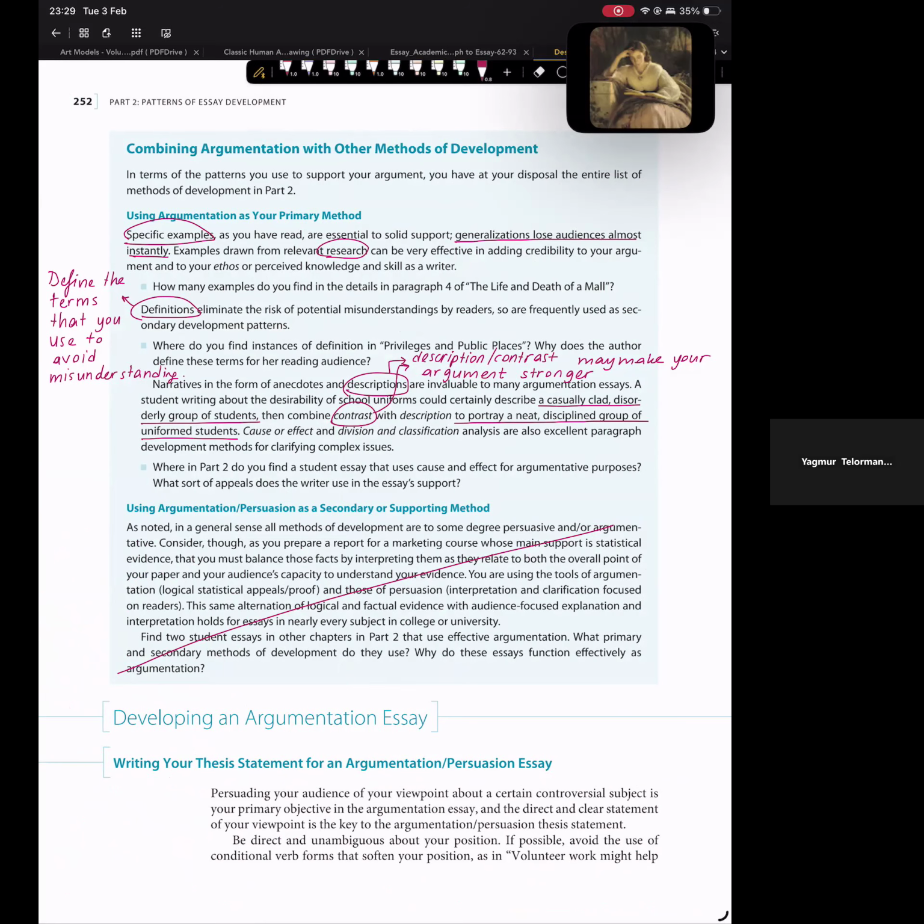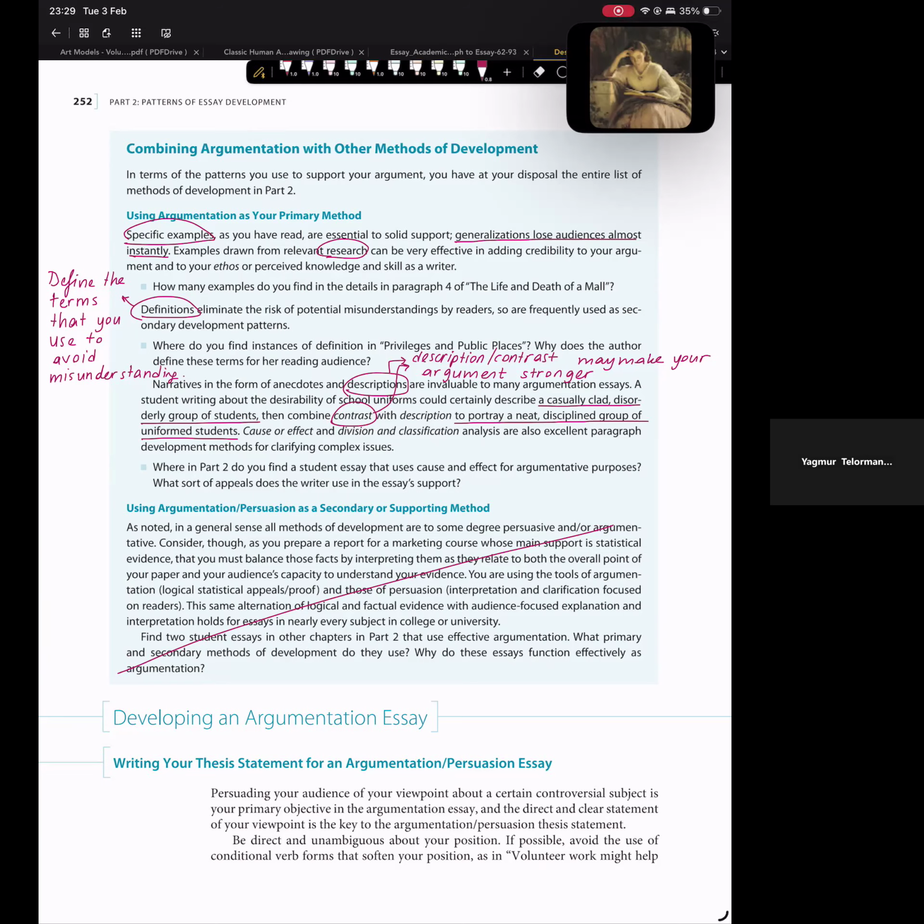You should give specific examples, as I already told you, for your essay number one, and you can do a quick research on the internet for some blog posts or TED talks or some survey results, study results, etc. And you should define the terms that you use to avoid misunderstanding. Not all the terms, but just the central concepts.